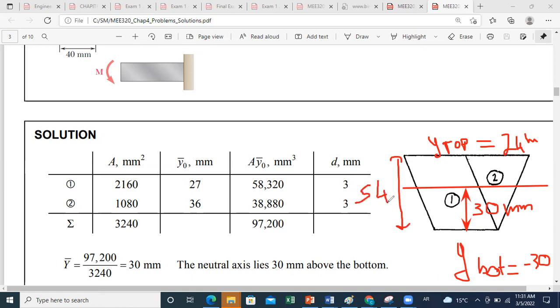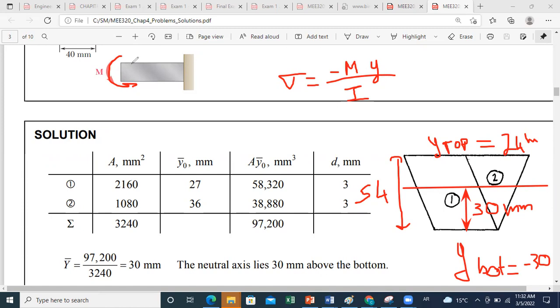Now, please keep in mind here, because the bending moment is reversed, so M is negative. In general, the formula was sigma equal to minus M times y over I. Here, because M is in this direction, it's compressing the lower part and doing tension for the upper. The upper part is in tension and the lower one is in compression. For this case, the convention of bending moment is that it's a negative moment.